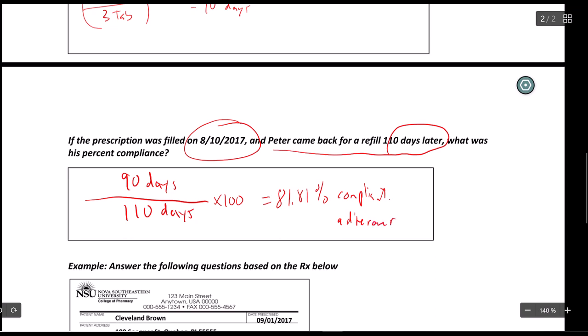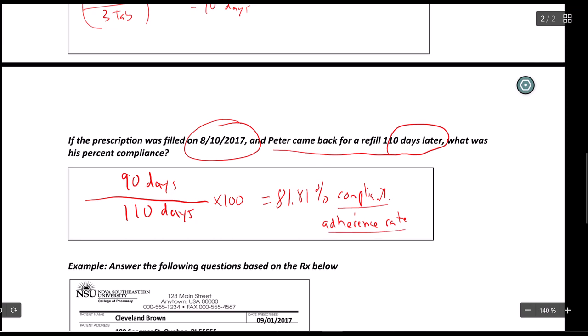Adherence rate. So their adherence rate. Either one of those is, sorry for my bad handwriting, the way in which we calculate this. Maybe you write a little bit more so even I can read it. Adherence, there we go, rate. Either one, the way you want to say it. Compliance rate, adherence rate.